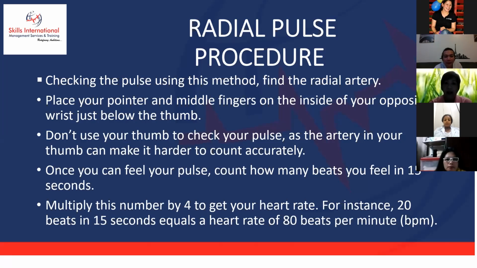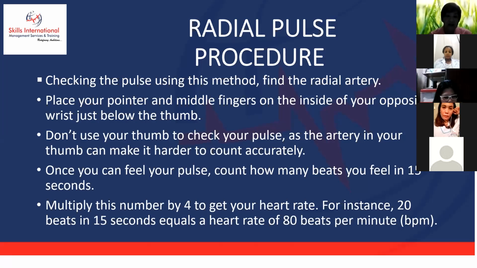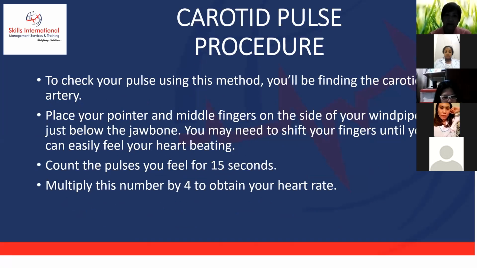The same way, you feel the radial pulse first, and on the clock, when the second hand is on the watch, you start counting in 1 minute. Okay? So this is the radial pulse, and it is the most common pulse rate that is taken.